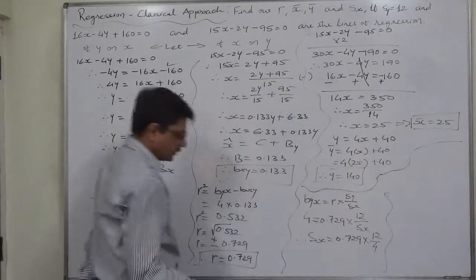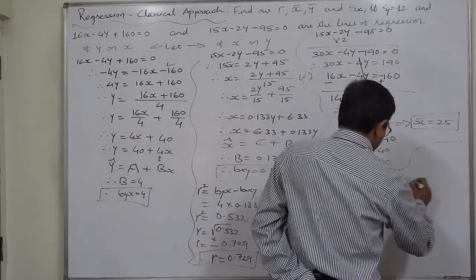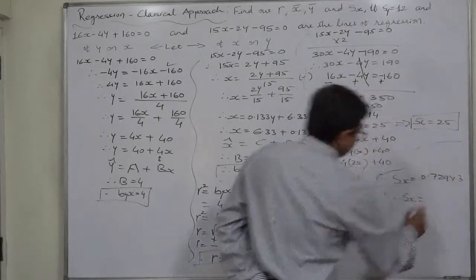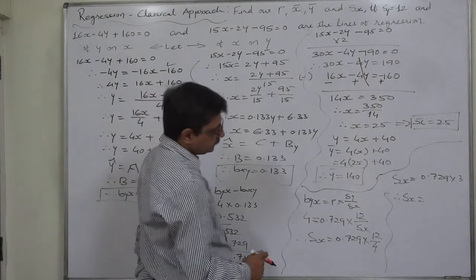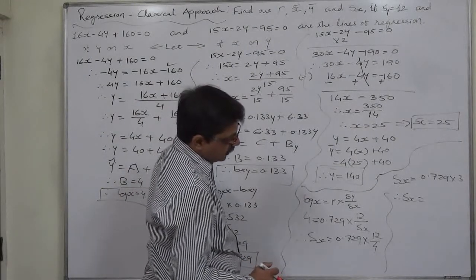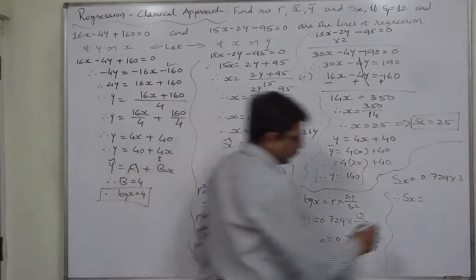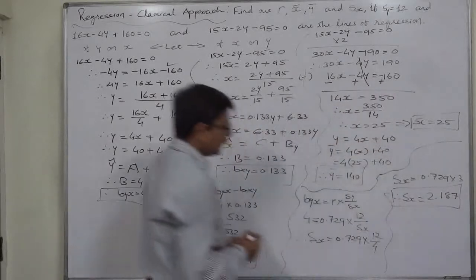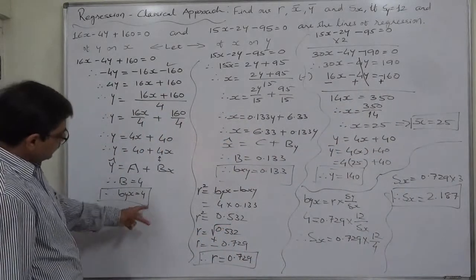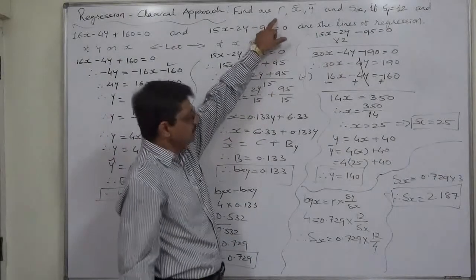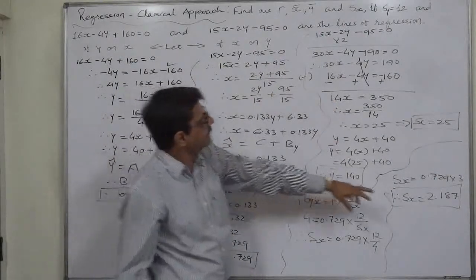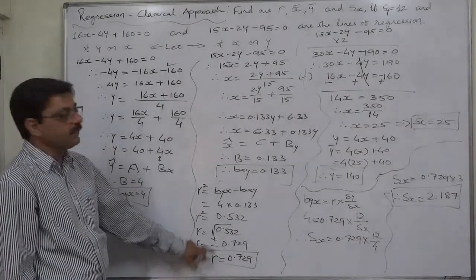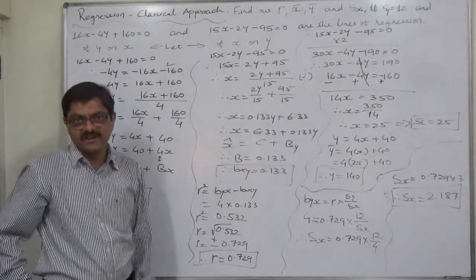That will be the situation. So Sx is 0.729 into 3. Therefore Sx is approximately 2.187. Thus we now have all the results: the coefficient of correlation, the means of x and y, and the standard deviation of x. But to find the coefficient of correlation, we must first find the two coefficients of regression. That's it.